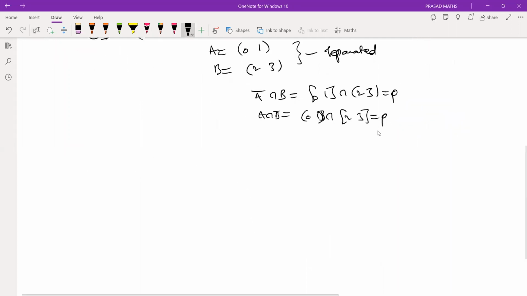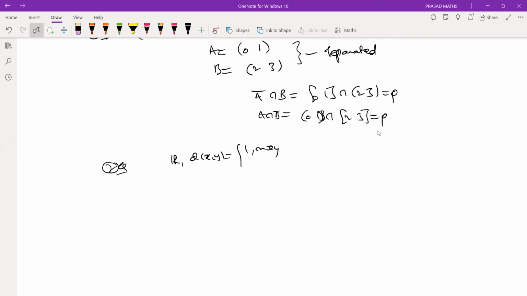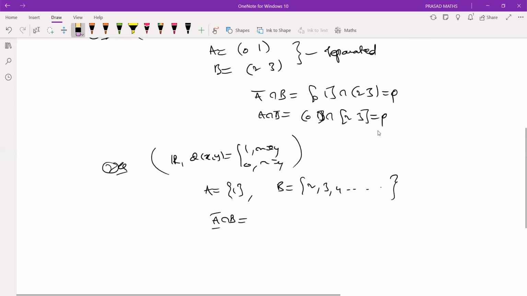Right? Suppose we take another example, R with respect to the discrete metric. You can take any set. Suppose you take A equals 1 and B equals 2, 3, 4 and so on, counting numbers. Are they separated? The answer is yes, because A closure intersection B: A closure is A itself, because A is a closed set.